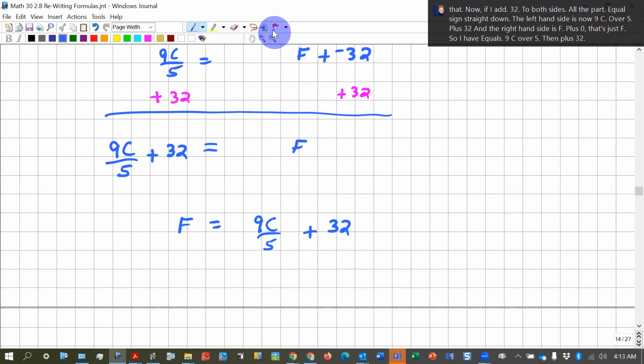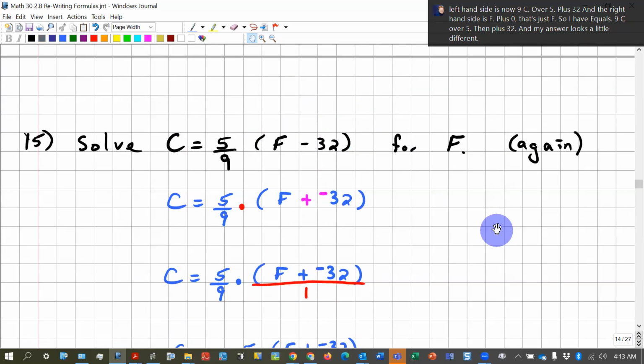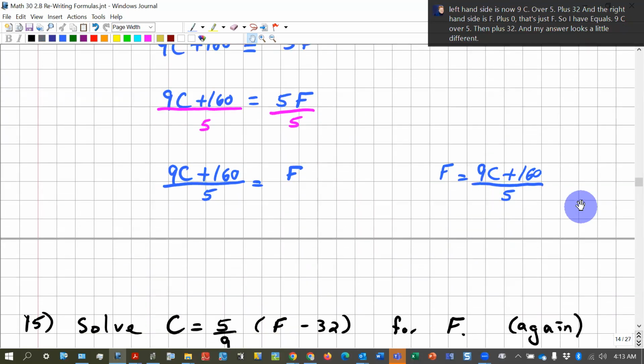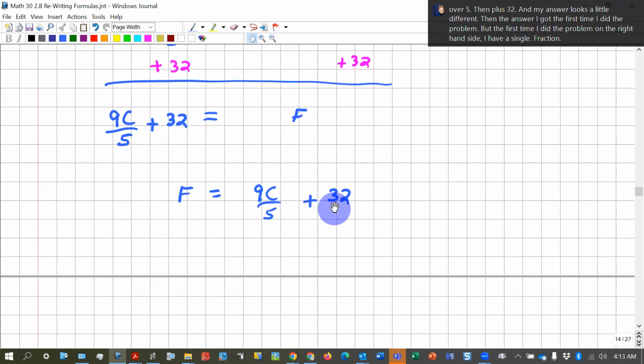And my answer looks a little different than the answer I got the first time I did the problem. But the first time I did the problem, on the right-hand side, I have a single fraction, whereas this time I have two different terms being added.